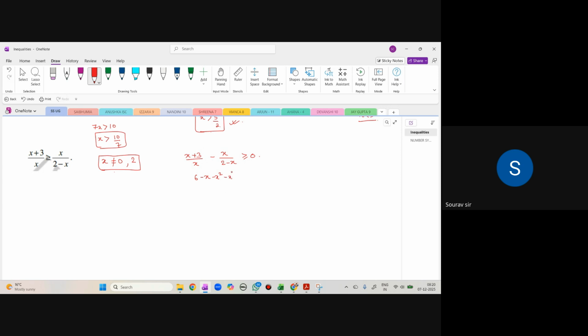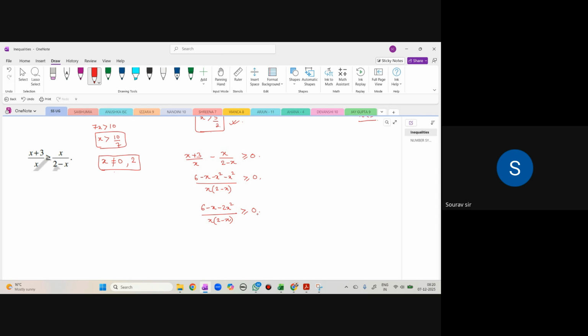So you get (6 minus x minus 2x square) by x into (2 minus x) is greater than or equal to 0.